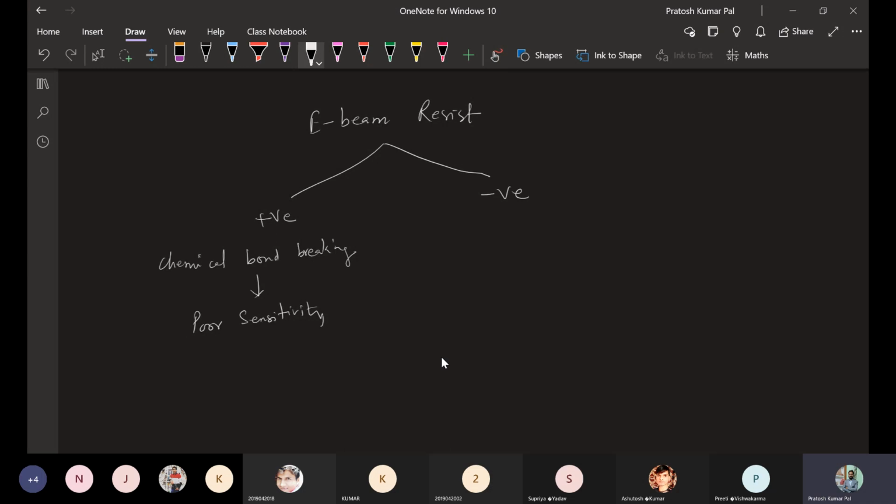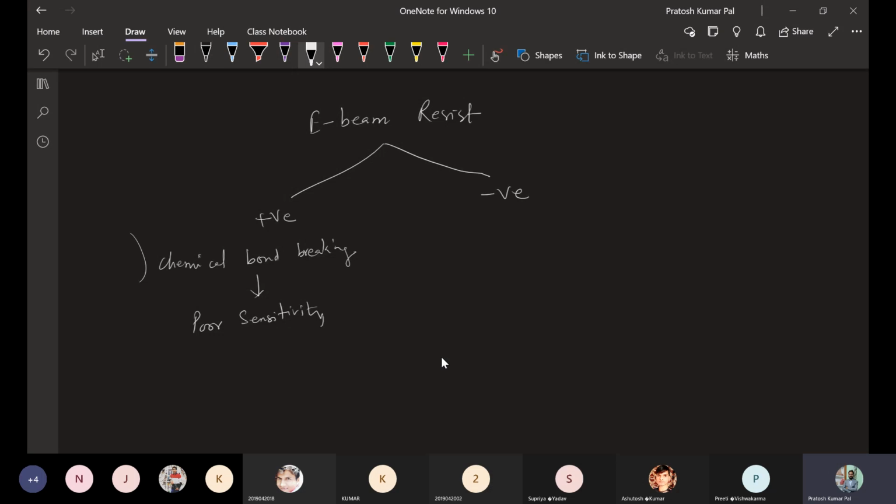Okay. So resists are the polymers that are used for exposing the surface, either positive or negative resist. So if it is positive, in case of e-beam type of resist, chemical bond breaking will be taking place in that polymer, and this positive type of resist will be providing poor sensitivity. The next one is the negative type of resist.